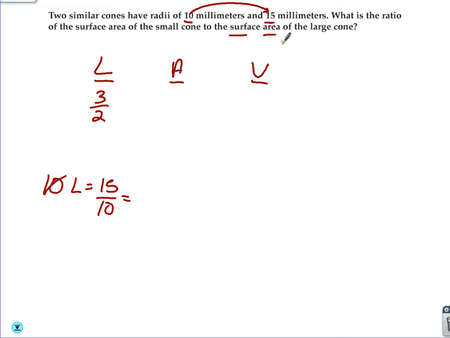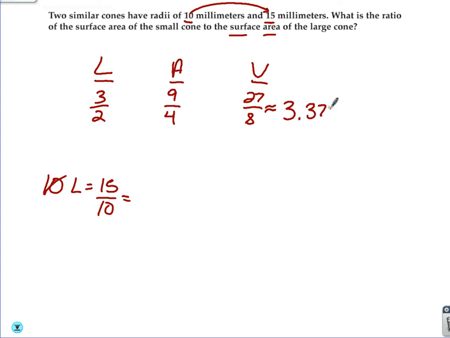So what's going to be the scale factor between the areas, the surface areas? If 3 halves is linear, then what's the ratio of the surface areas? 9 and 4. They don't ask us, but can somebody tell me what's going to be the ratio between the volumes? 27 to 8. So if you took 27 and 8 and divided that out, that's 3 and 3/8.